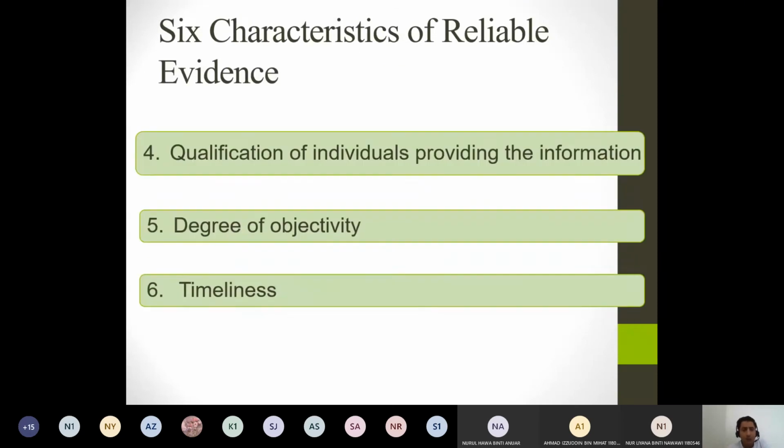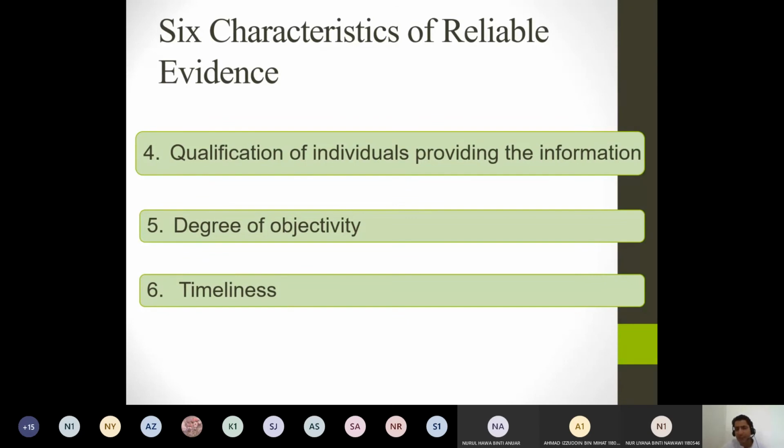Number 4 is the qualification of the individual providing the information, especially in the accounting department, those who are dealing with the accounts and dealing with the system. If they have experience and qualification in accounting and finance, we expect that they know what they are doing.